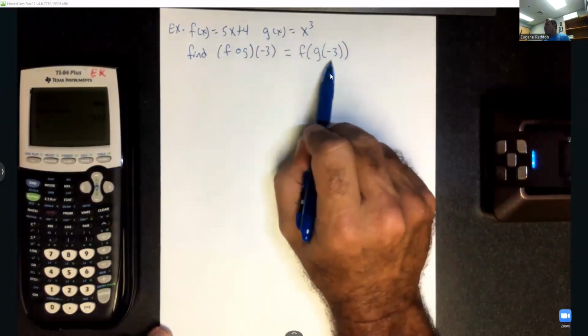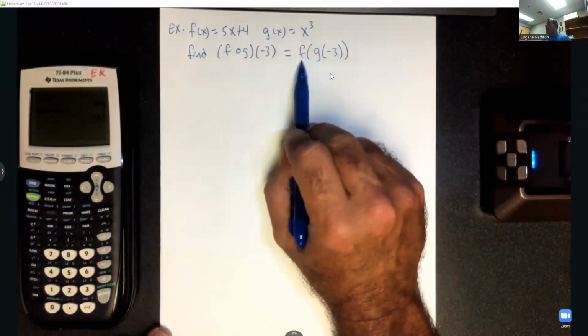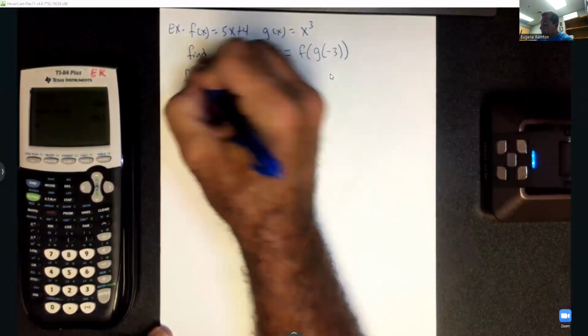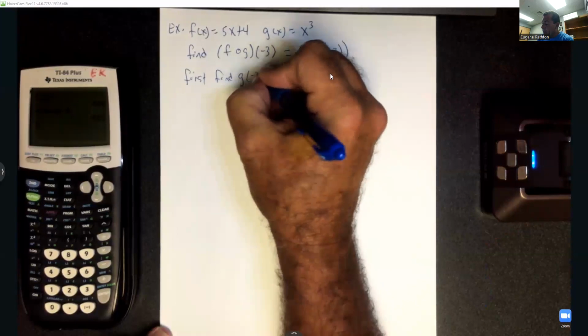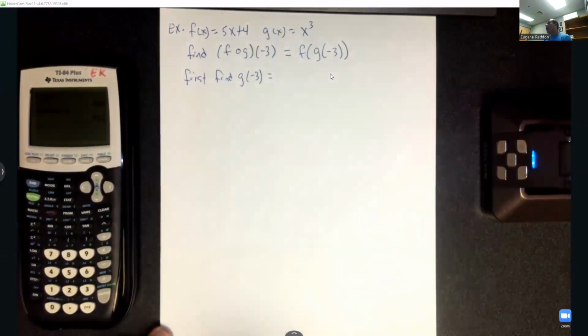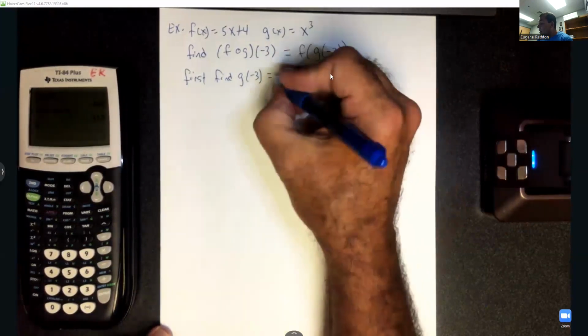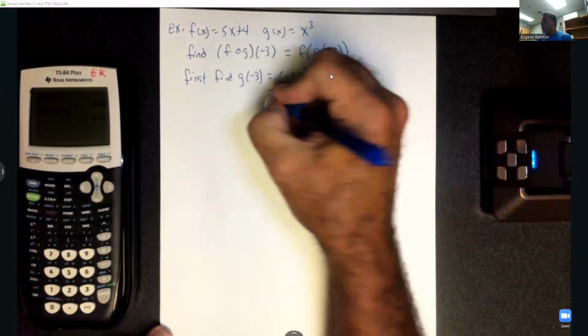So starting on the innermost, we're going to find G of -3 first. Take that answer, put it into my F. All right, so G of -3, G is x to the third. So that's going to give me -3 to the third power.